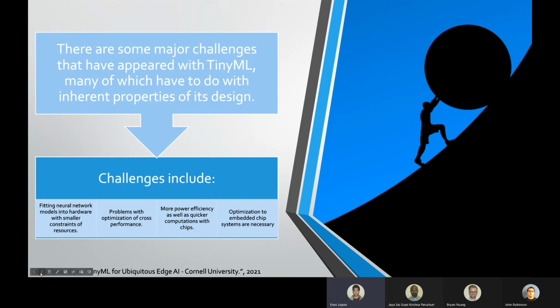Also, problems with optimization and cross performance happen with TinyML. When you have such a small and efficient program, it gets really good at one thing, but it gets a lot harder to use the same machine learning algorithm for multiple different uses, because you have to get more and more niche as you make it more efficient and you compress it.